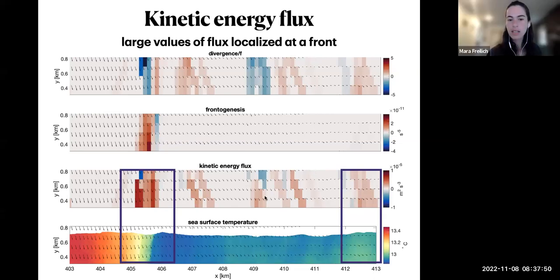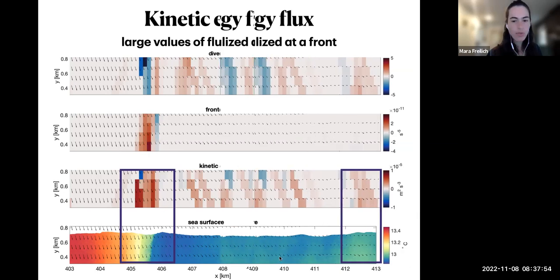Yeah. So I think there are probably a few answers. One could be noise. Another, though, is that they also show up in the divergence, and they actually show up in the strain as well, which I didn't show here.